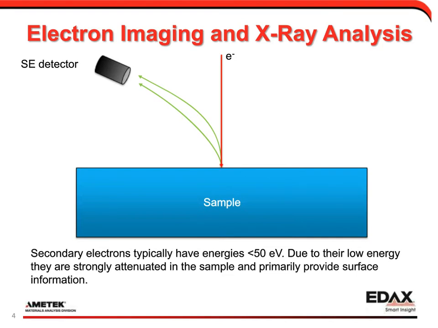So that means that even though we can generate secondary electrons quite far down into the sample, several microns down, they will be absorbed as they try to escape. So we only get secondary electrons escaping from quite close to the surface. And that means they primarily give surface information and topography in the image.